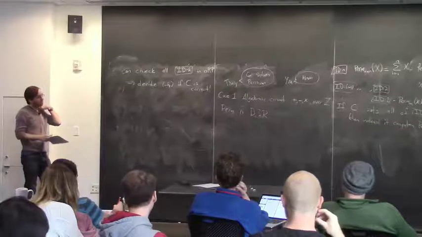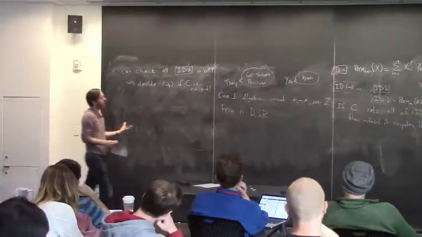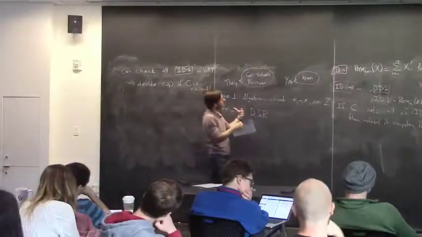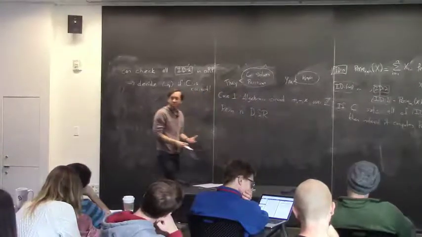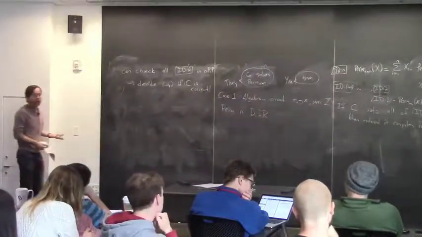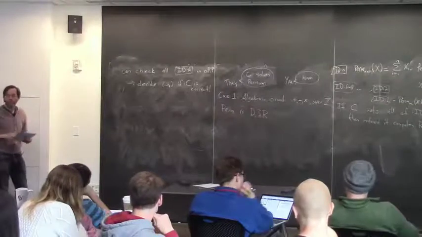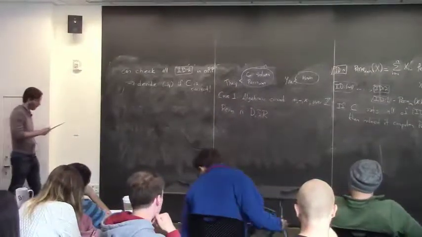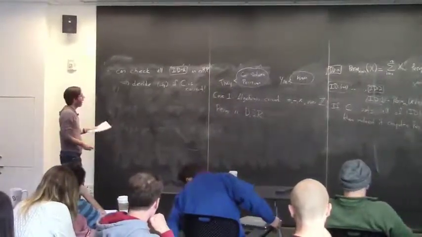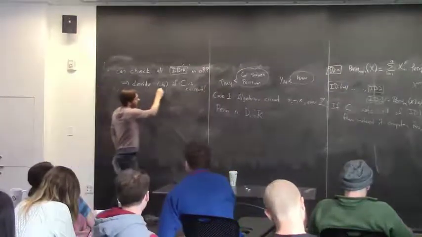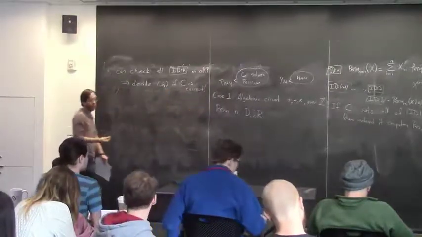So suffice it to say, if somebody gives you an algebraic circuit of polynomial size that they claim computes the permanent, then you can check that claim in polynomial time with randomness. That's cool. And this is a nice fact, and we're actually going to use it later in the course.